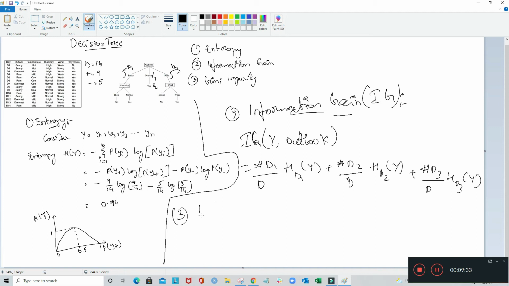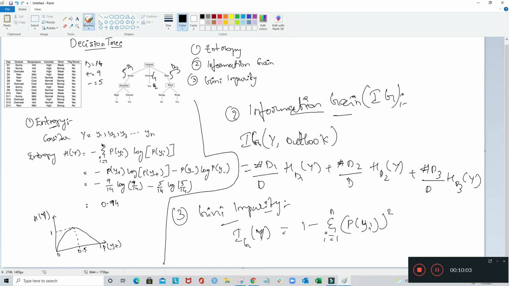Gini impurity is almost similar to entropy, the only difference being the formula. Gini impurity is defined as I_G, and is nothing but 1 minus summation of i equals 1 to n of probability of y_i whole squared.